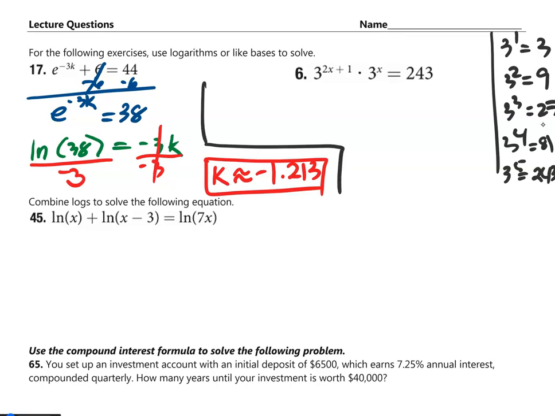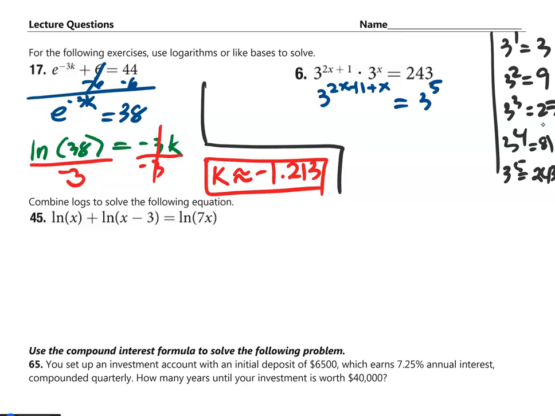So we can rewrite this as, here they have the same base of 3, so that is 2x plus 1 plus x is equal to 243, which is 3 to the power of 5.